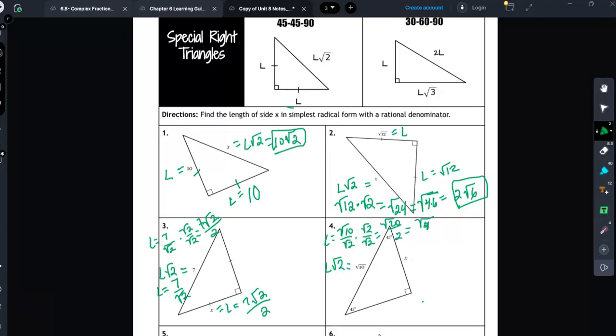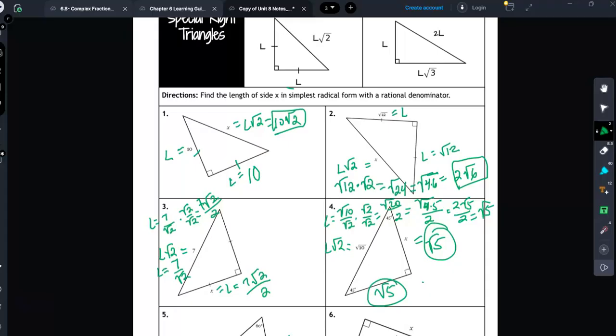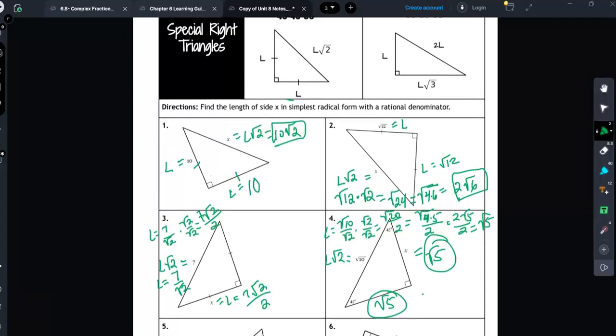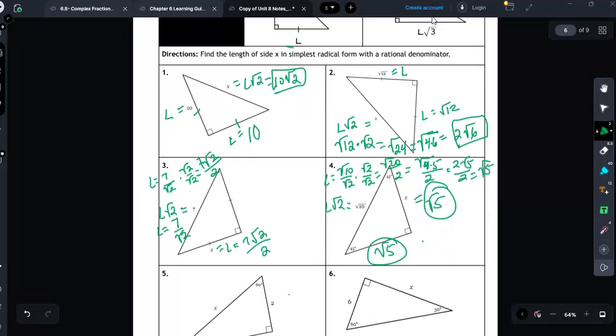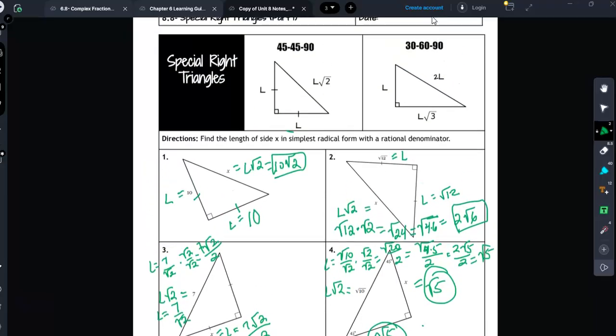This is 4 times 5. 2 square roots of 5 over 2, which simplifies to the square root of 5. So x is equal to the square root of 5. Right? Square root of 5, square root of 10. This is also square root of 5 because it's a 45, 45, 90. You're using these ratios, right? So I think that's the last of the 45, 45, 90.